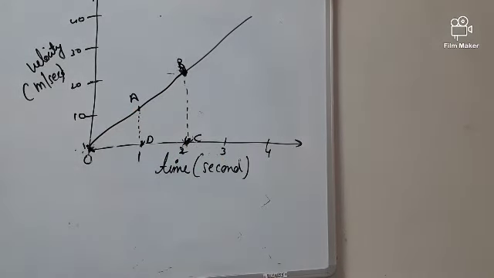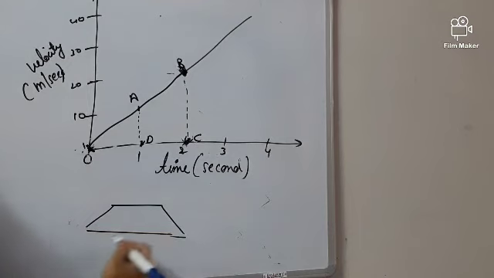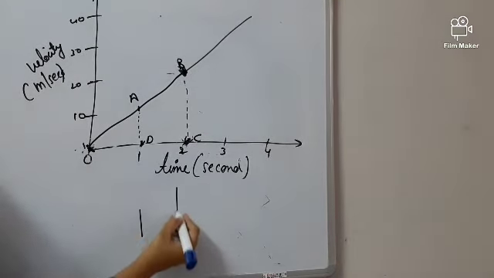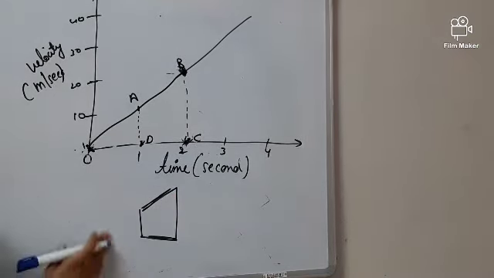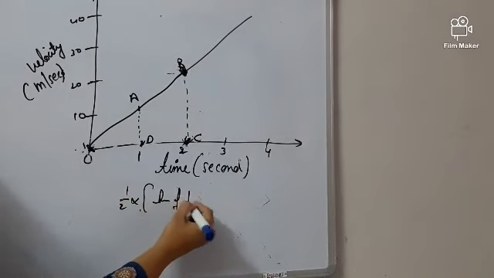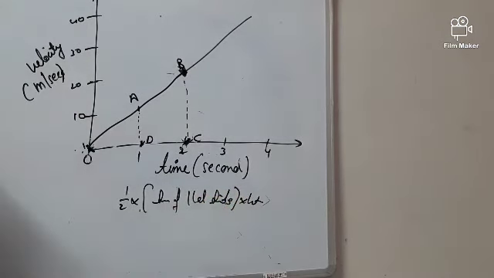If you look at this, it is a kind of trapezium. Remember trapezium? Having two sides parallel and two sides non-parallel. In this also, these two sides are parallel and these two sides are non-parallel. So this is also a kind of trapezium. The formula of a trapezium is half into sum of parallel sides into height.